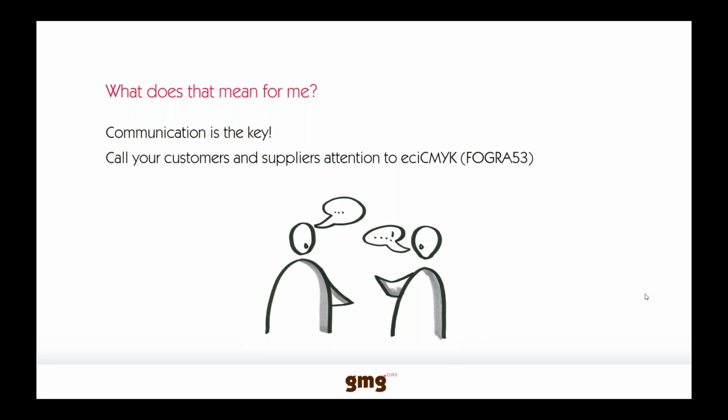Okay, so if we prove in FOGRA53 and afterwards we convert into our output condition, of course we have a color difference. We have a color change. That's clear. But as long as my output condition is unknown, I still have the possibility to create a proof and to get an idea of how the colors will look like.